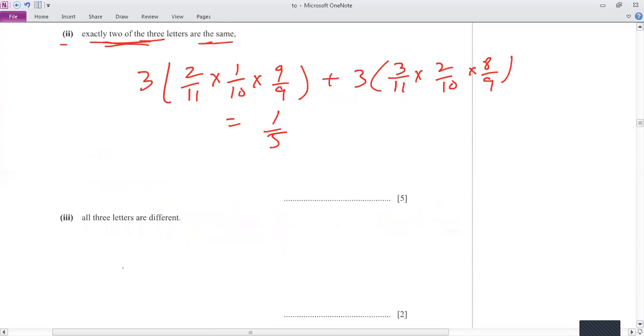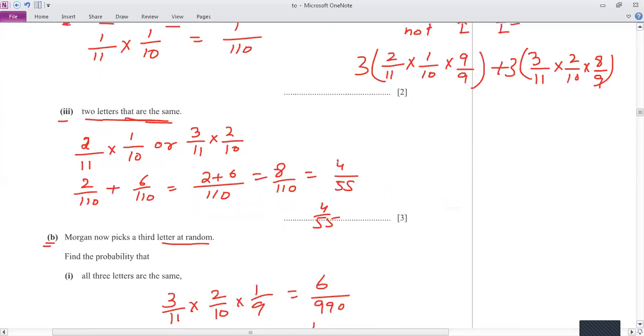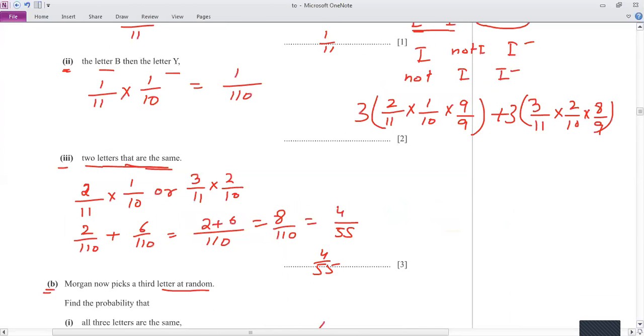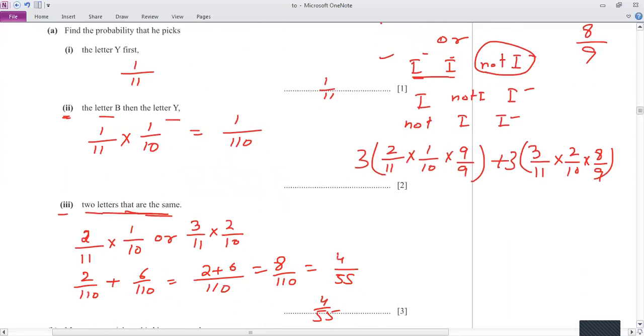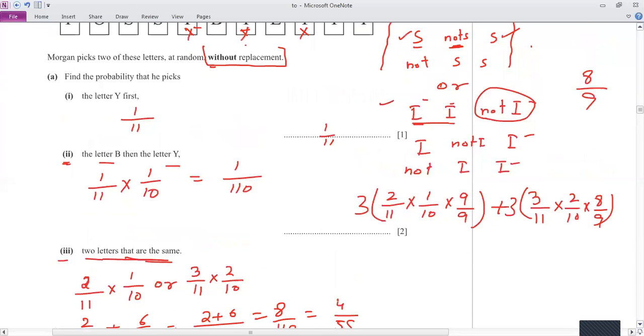The third one is all 3 letters are different. Which means what is the chance? We found the probability of all 3 same. What was the probability of all 3 letters same?